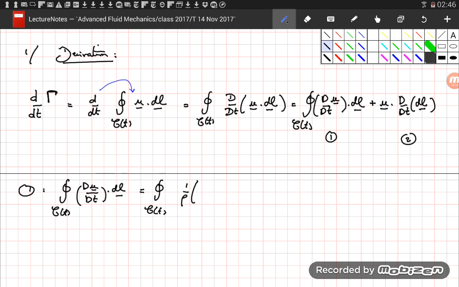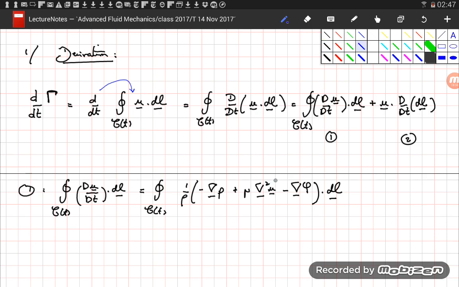So this is minus grad p plus mu times the Laplacian of u minus our force potential gradient, dot dl.